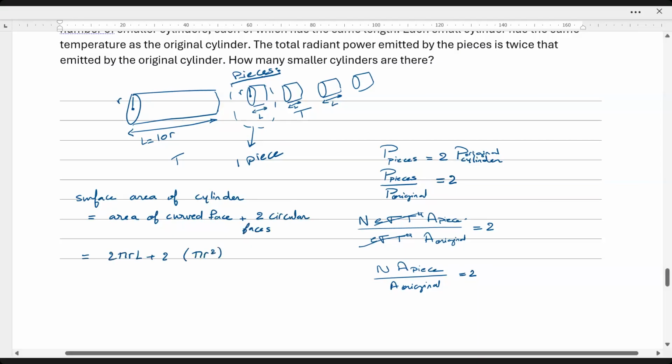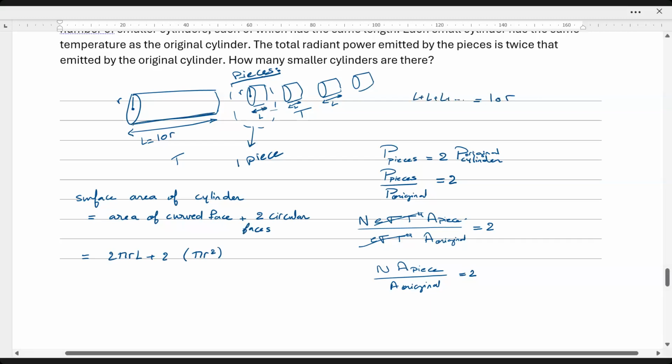Remember, L is equal to, so let's substitute. For a single piece, the length is L. We don't know anything about it, but one thing I know is that if you sum all of these L's for each piece, they should add up to 10r, the length of the original cylinder.